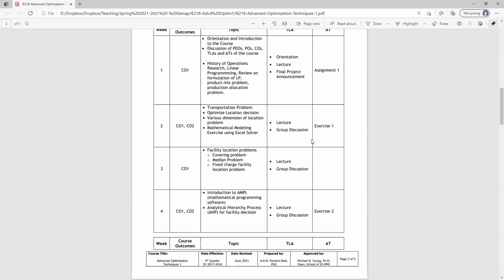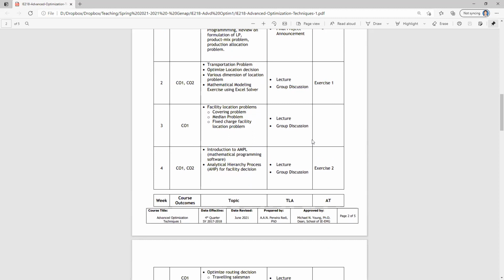I also embed the utilization of the analytic hierarchy process, AHP, which is actually very common for decisions that try to absorb several experts' opinions in the decision-making process.